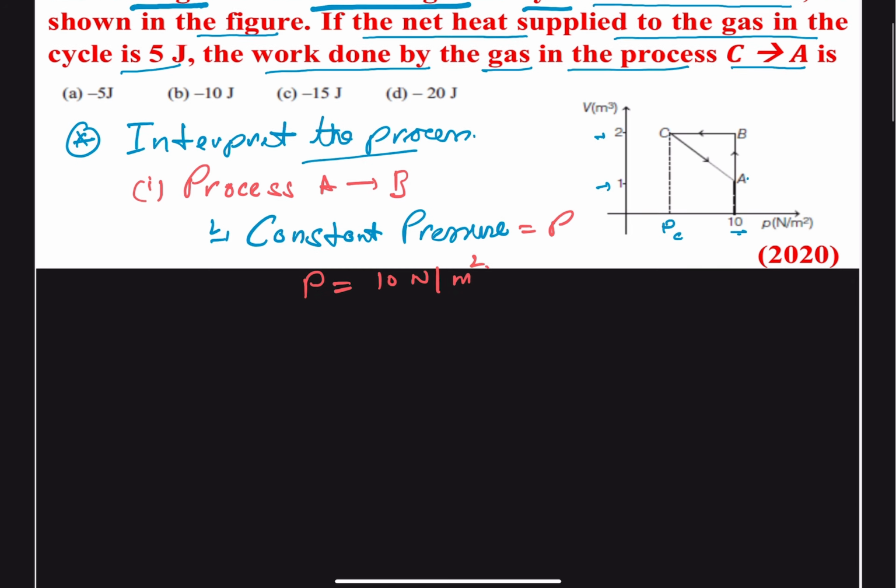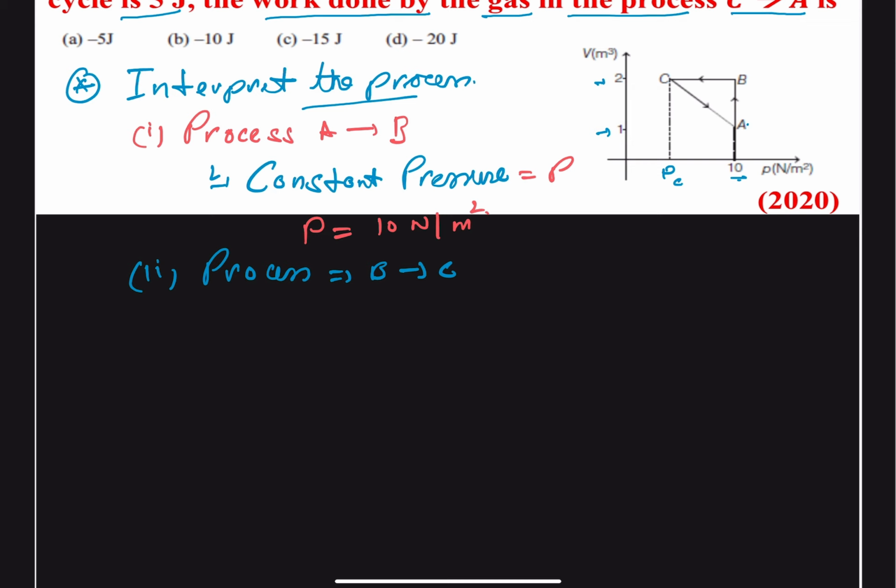Next is our process from B to C, which is a constant volume, taken as V, and this V is given as 2 meter cube.